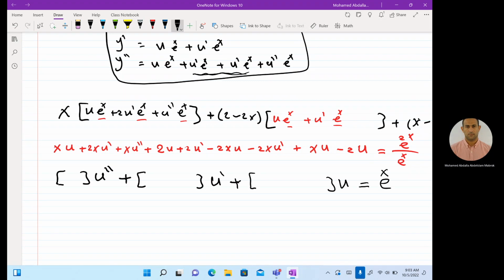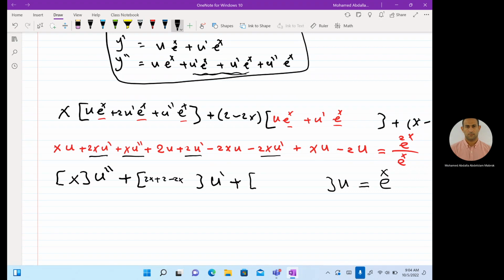Okay. Let's carefully look for the coefficient of u double dash. I guess u double dash appears only once. That's not a problem. U dash 2x plus 2 minus 2x. That's it, right? Great.